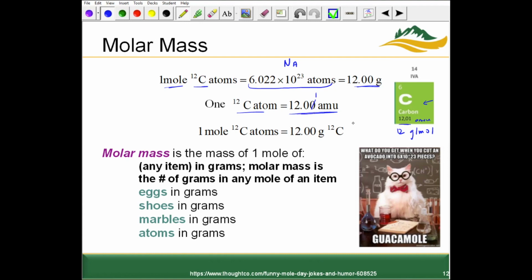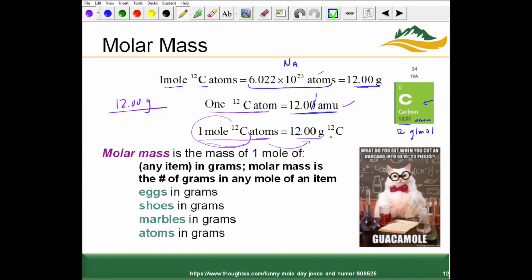We're still trying to connect atomic mass units to Avogadro's number, so let's keep going. If 1 mole of carbon-12 atoms weighs 12 grams, and 1 carbon-12 atom also weighs 12 atomic mass units, then 1 mole of carbon-12 atoms weighs this many grams.